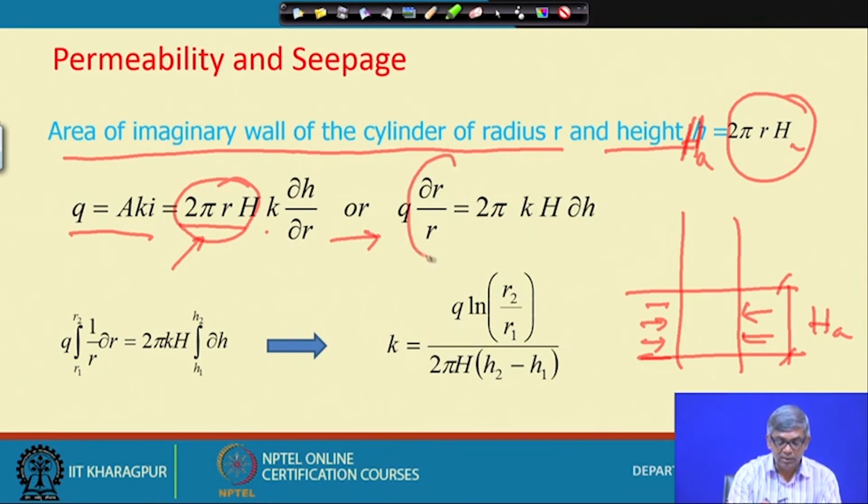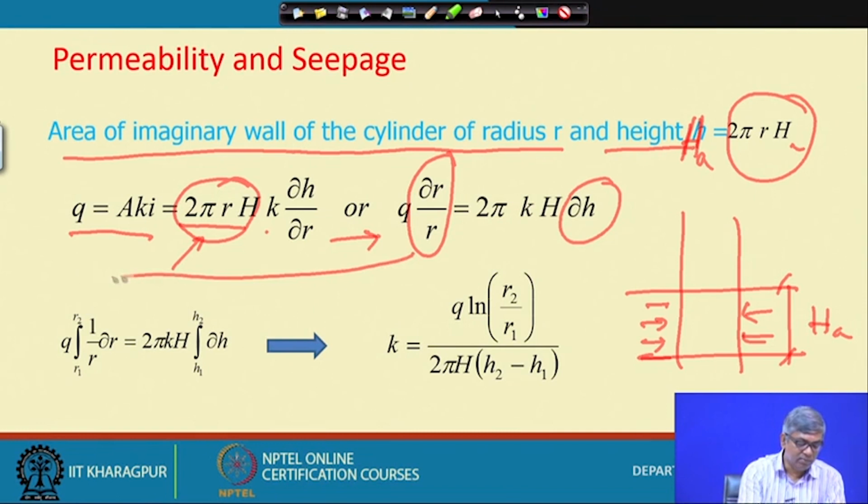Here only this portion is variable. Now if I put this in definite integral form, with two observation wells at r 1 and r 2, that part can be integrated, and here 2 pi k into h a and del h is to be integrated, with observation heights h 1 to h 2.